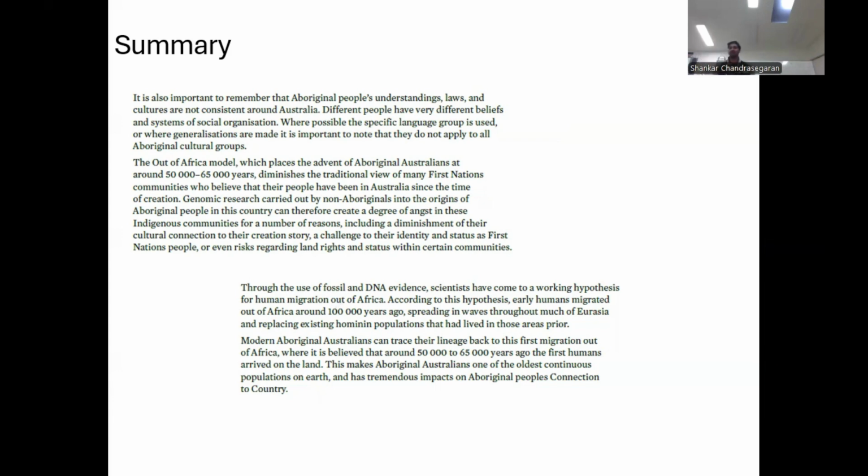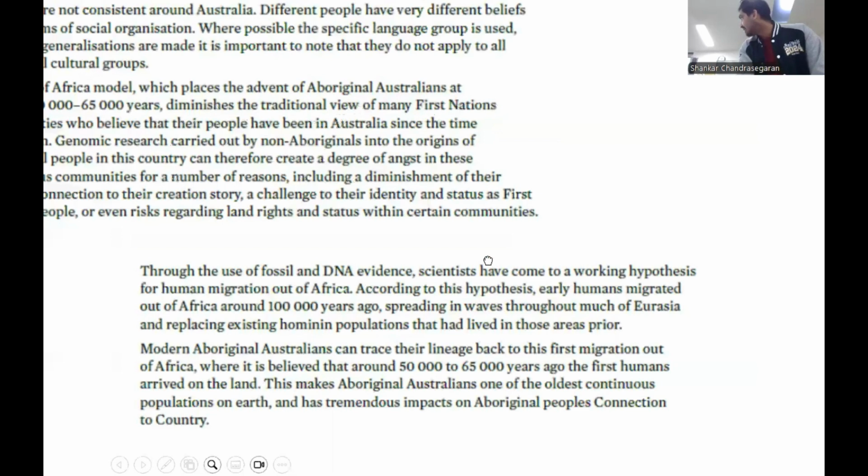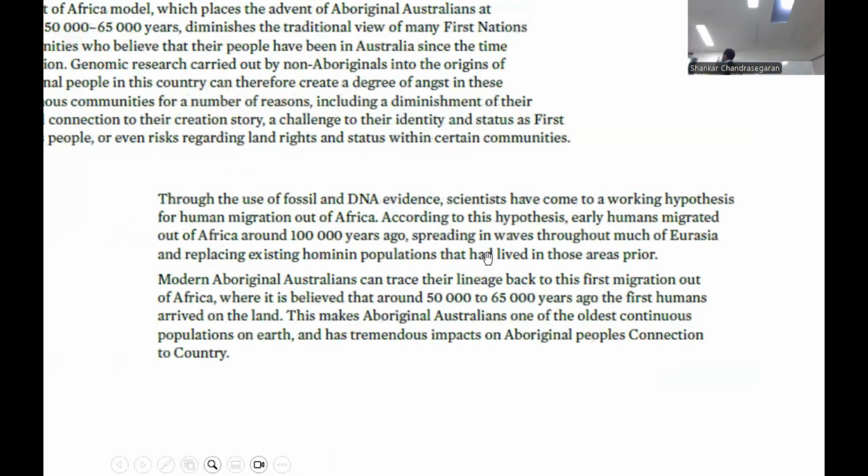By using fossil and DNA evidence, scientists have come to a working hypothesis for human migration out of Africa. According to this hypothesis, early humans emerged in Africa, and after around 100,000 years, they migrated out, spreading in waves throughout much of Eurasia and replacing existing hominid populations that had lived in these areas prior.